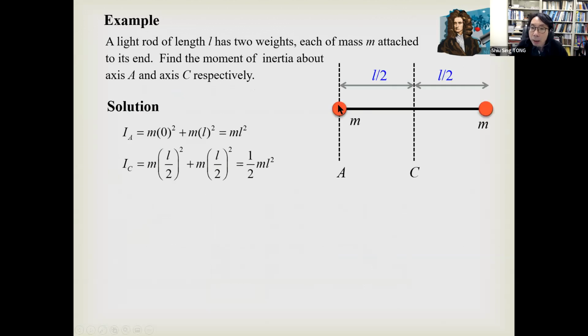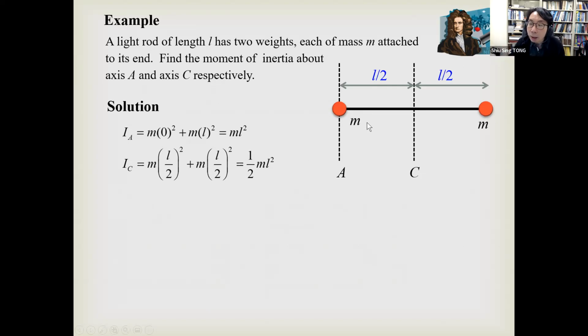Now, I can also have a simple example of a dumbbell. Now, this so-called dumbbell is actually 2 point masses attached to the ends of a rod of length L. Okay, I have a light rod. The mass is negligible, and now I have 2 point masses, each of mass m, attached to its ends.